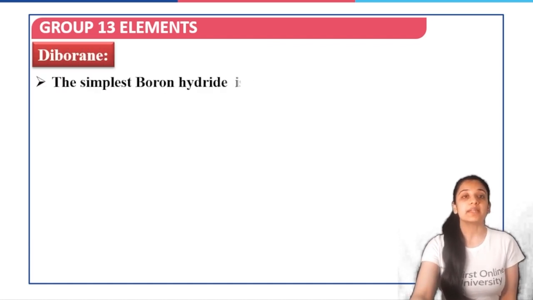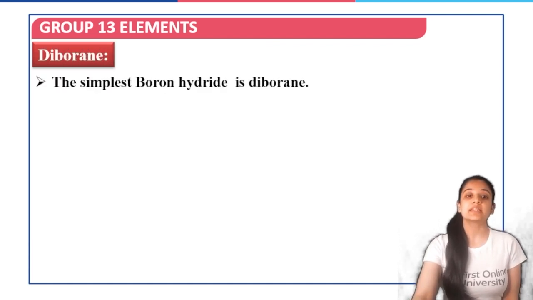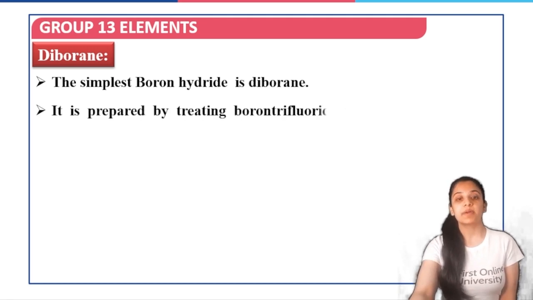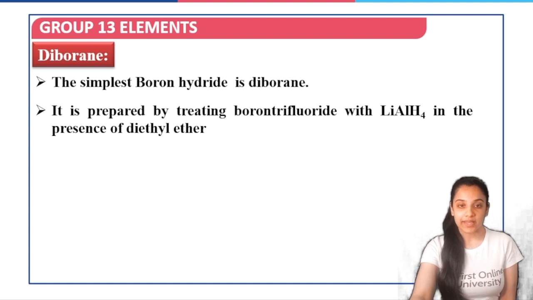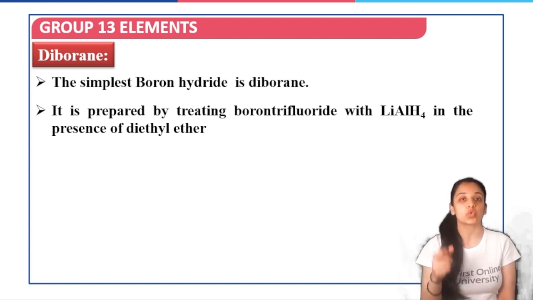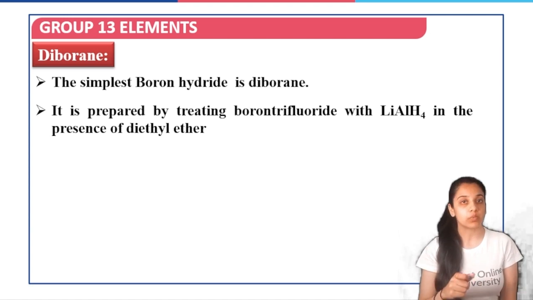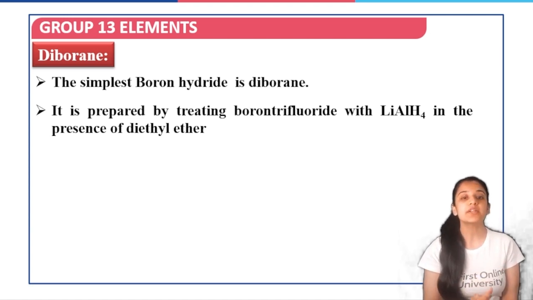Now, when we talk about diborane in detail, the simplest boron hydride is diborane, B2H6. It is prepared by treating boron trifluoride, that is BF3, with LiAlH4. Lithium aluminum hydride, LiAlH4, is a very good reducing agent. Why? Because it is capable of adding hydrogen in the form of hydride to a particular compound, and addition of hydrogen is nothing but reduction.